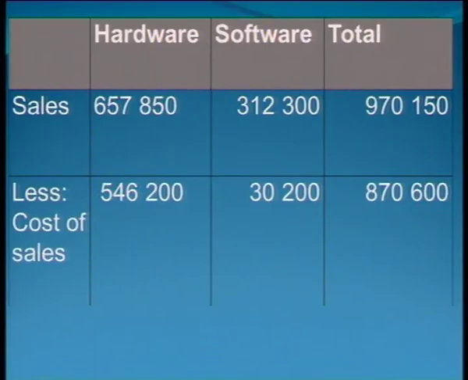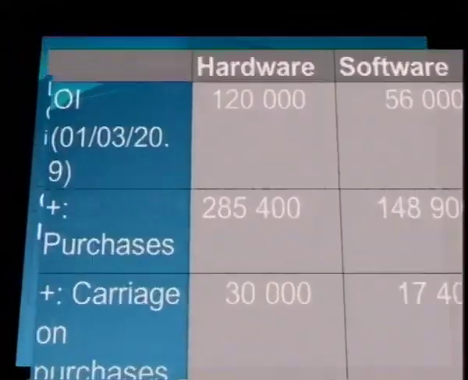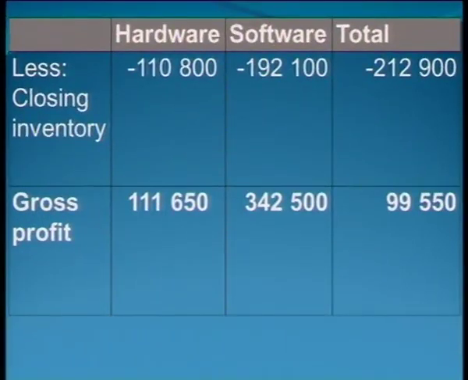We calculate the gross profit by saying sales for software is $312,300 less the cost of sales for software was $30,200. The gross profit in that case will be $342,500.